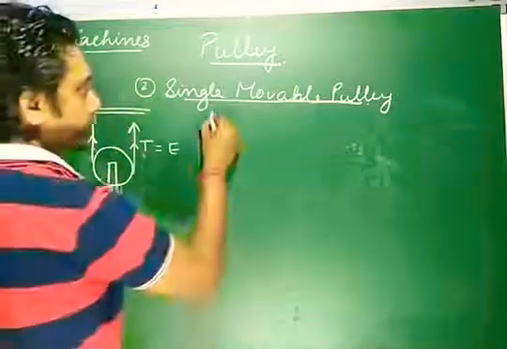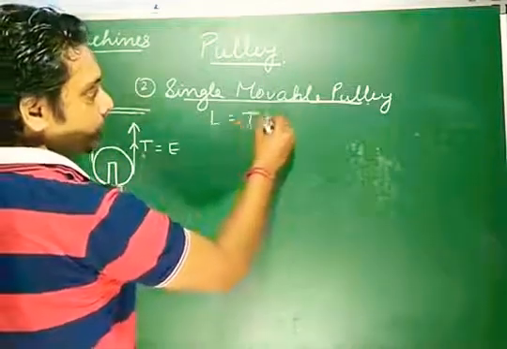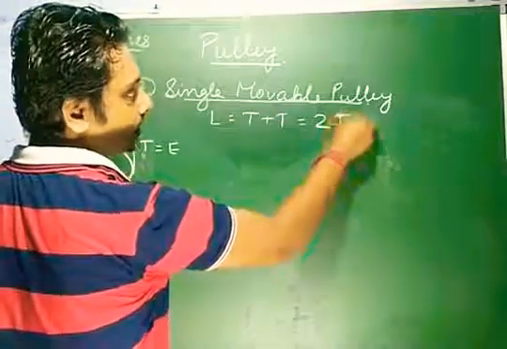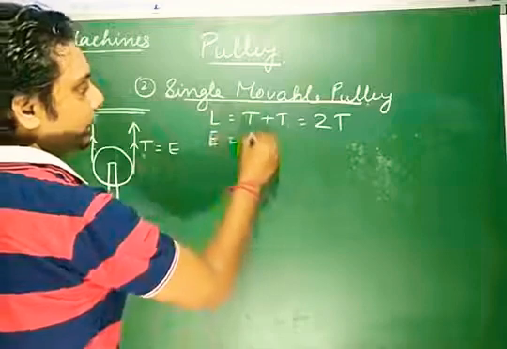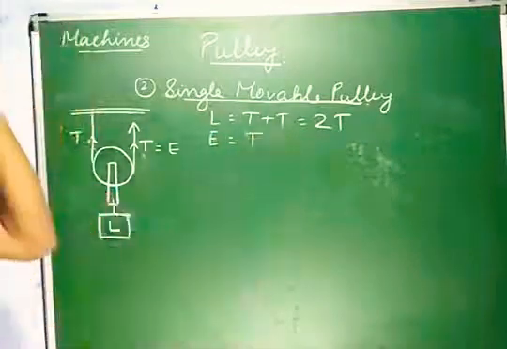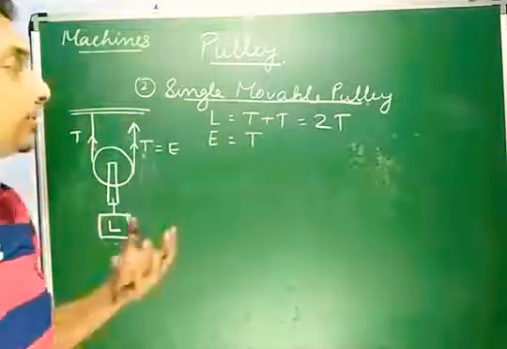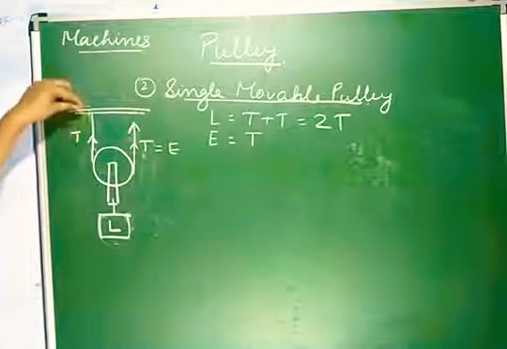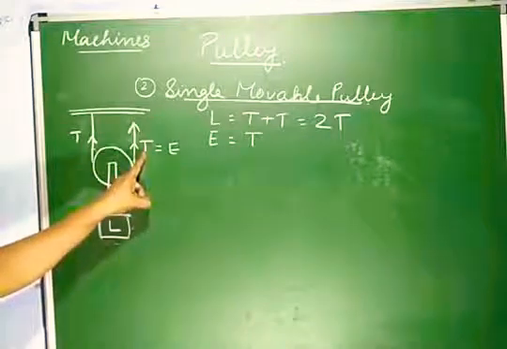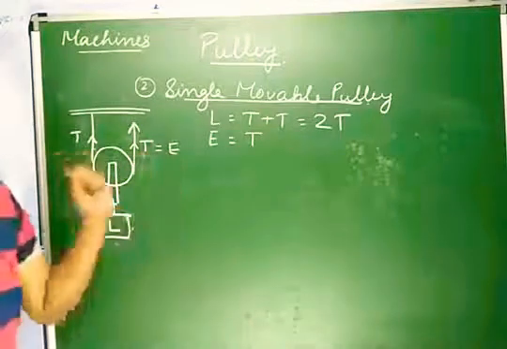So our load is equal to T plus T, that means 2T. But the effort that we apply is only equal to T. Why only T? Because one end is fixed over here, so we don't have to pull it from this side. Only this much force we have to apply as effort.